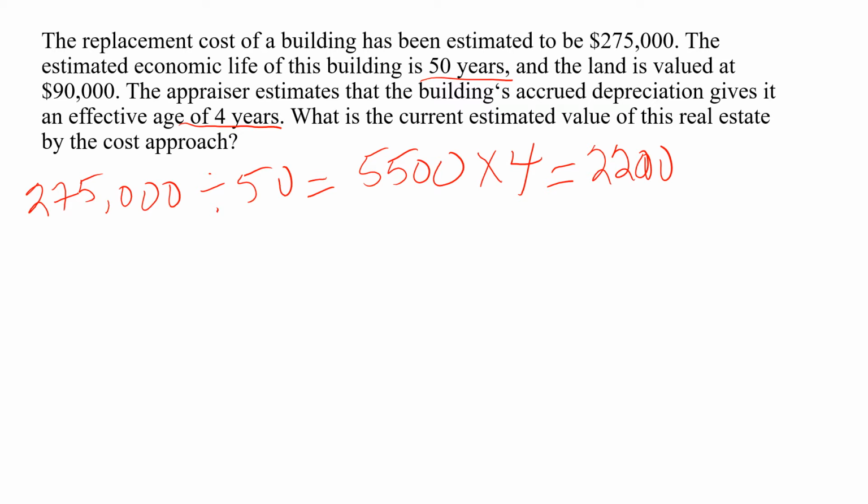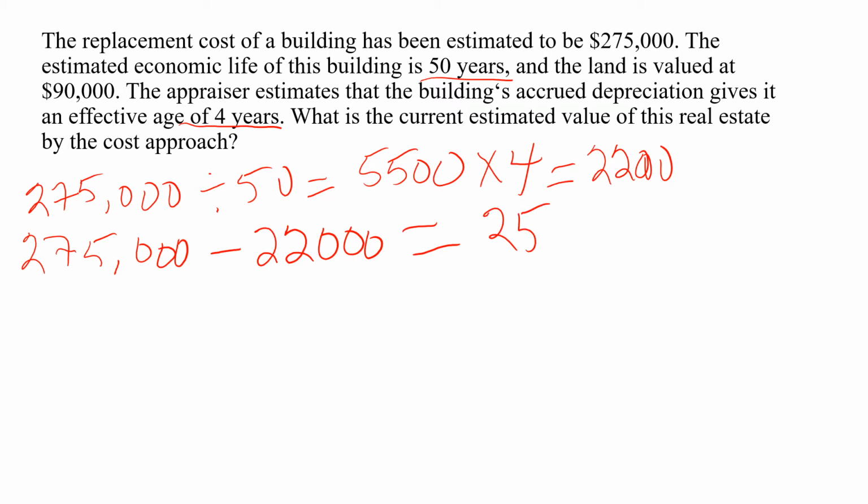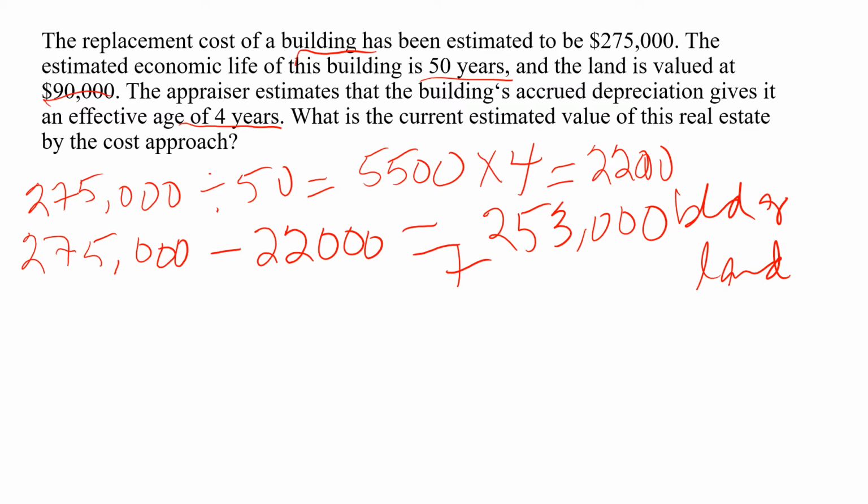Okay, so we can say 275 minus our 22,000 gives us 253 is what our building is worth, but we got to add our land, which is 90.